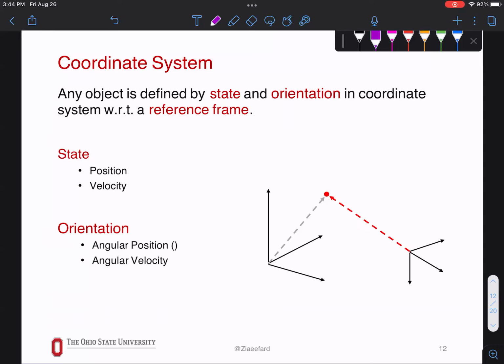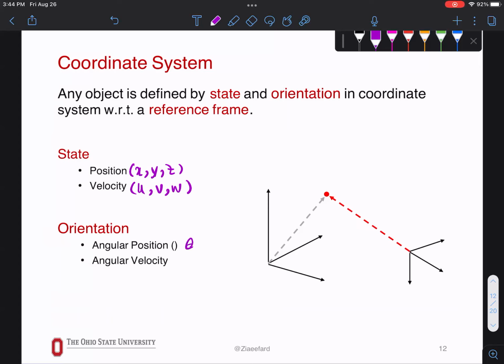If I call this, let's see. I'm going to introduce position as X, Y, Z. Then here you'll see U, V, W. That's one way, or you can say X dot, Y dot, Z dot. But if you see U, V, W, that's the nomenclature for velocity.